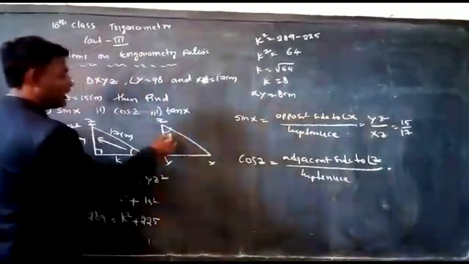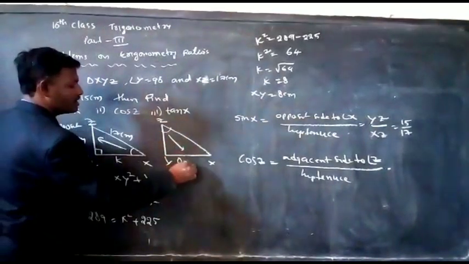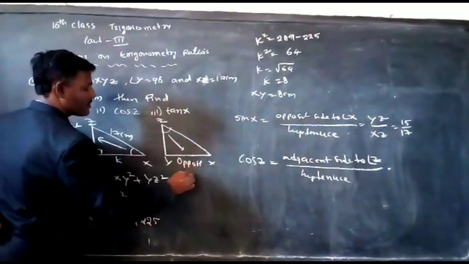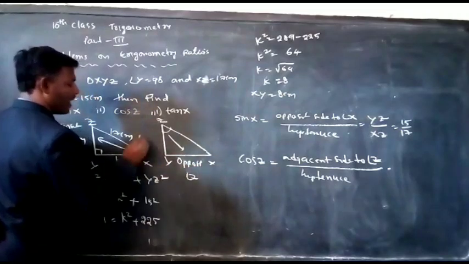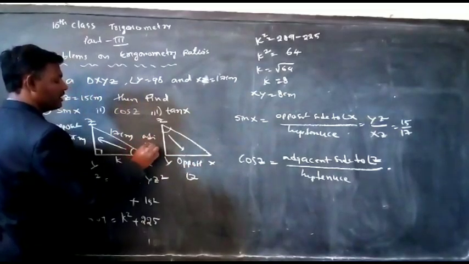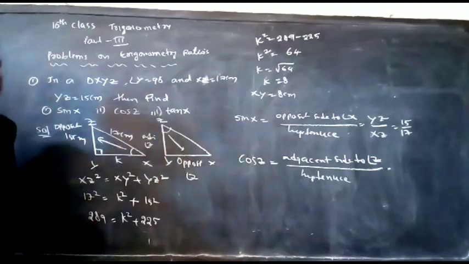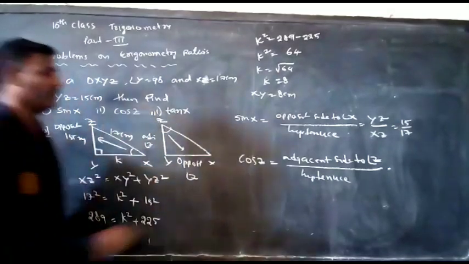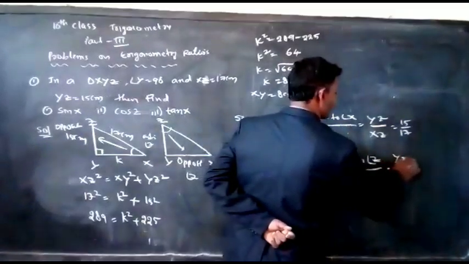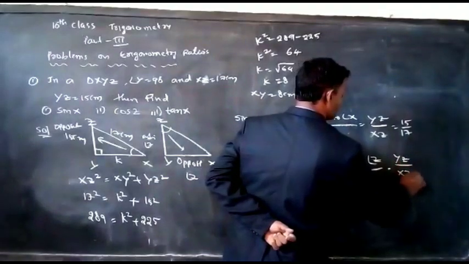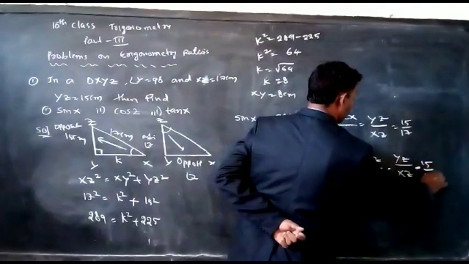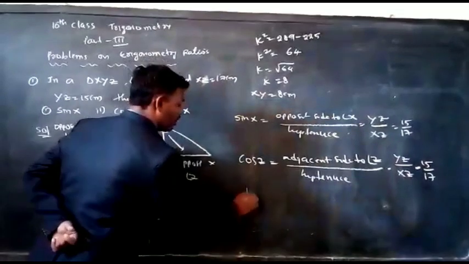Here, in this triangle, this is the opposite side to angle Z and this is the adjacent side to angle Z. What is the adjacent side to angle Z? ZY, it means YZ, by XZ, which is nothing but 15 by 17.